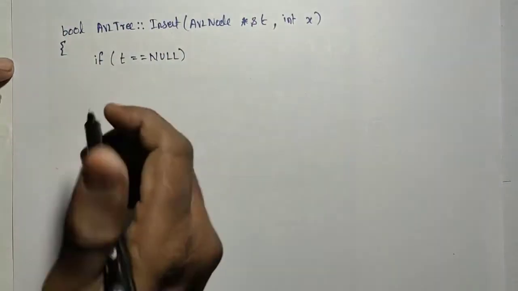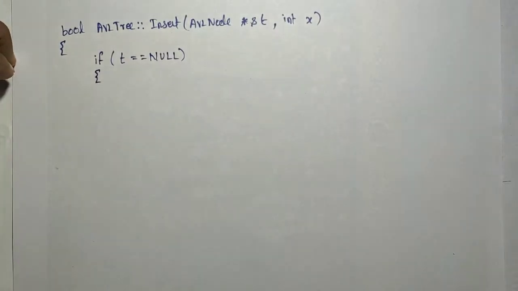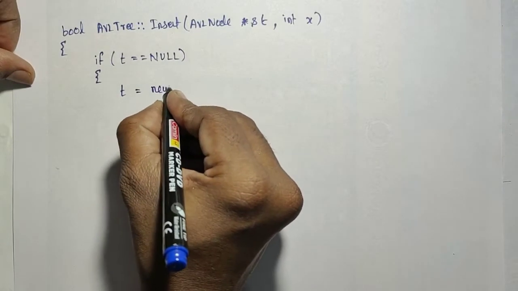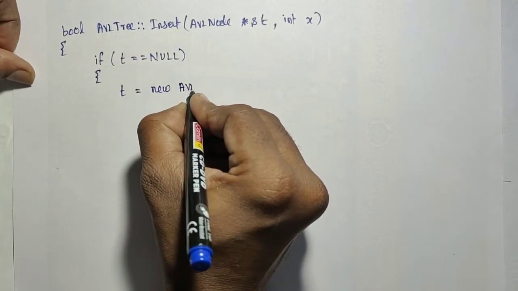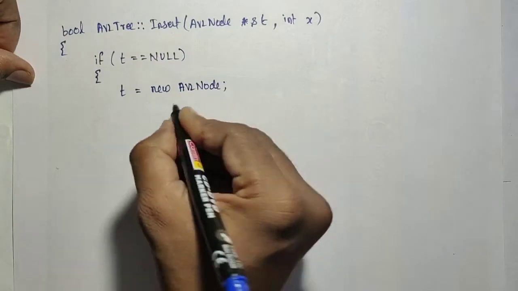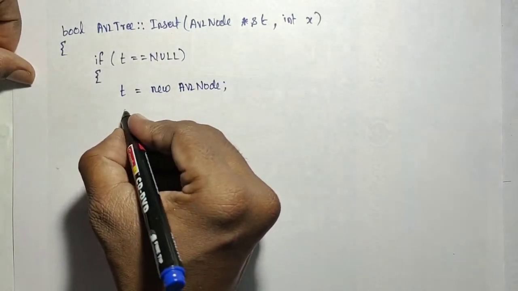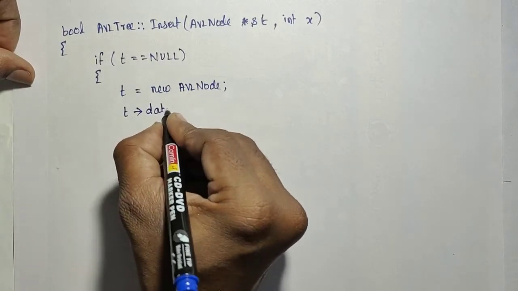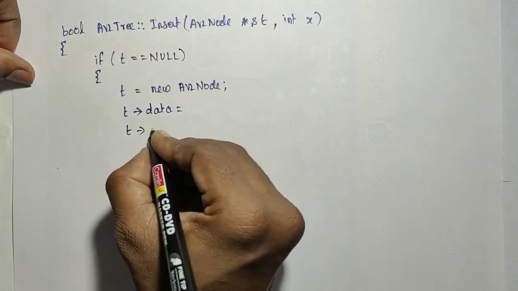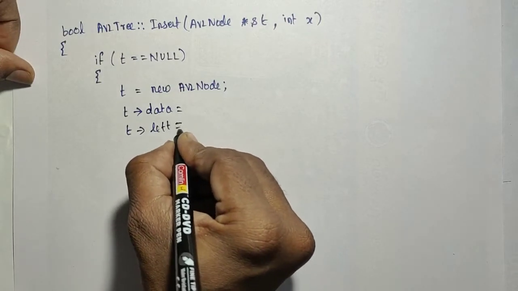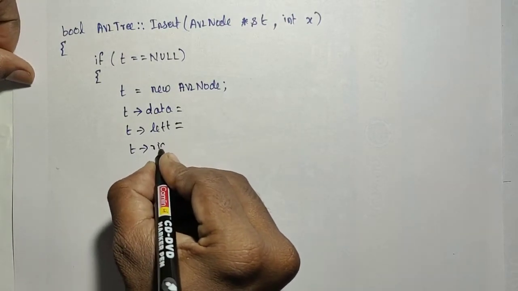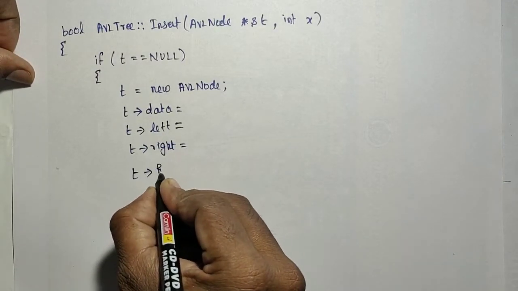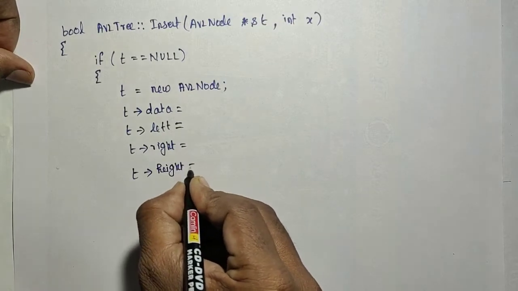If t equal to null, and I have to create a new node for the t. So new AVL node, and then I have to update that AVL node fields, t of data equal to, and t of dot left equal to, and t of dot right equal to, and t of height equal to, okay.